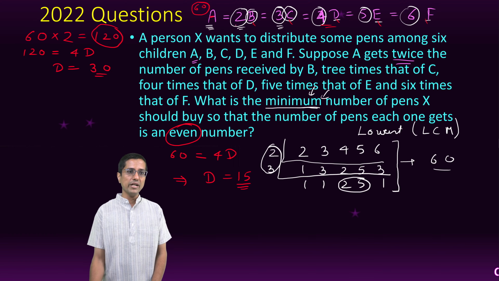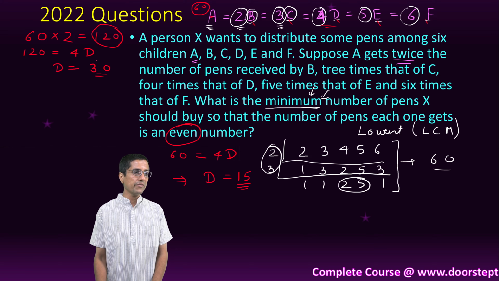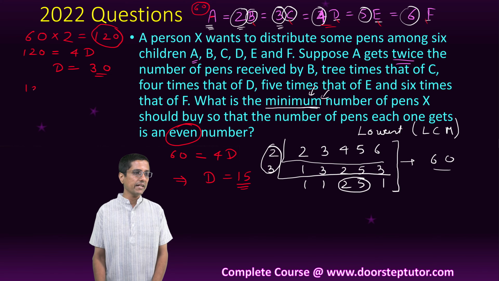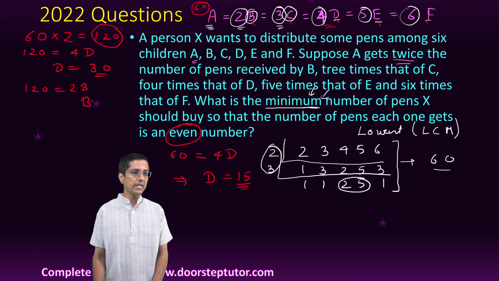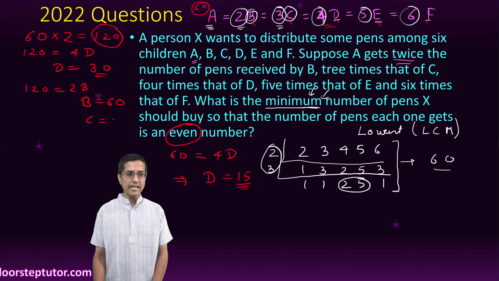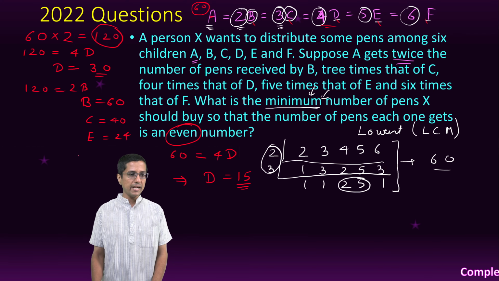Similarly, I can calculate other things also by assigning 120 to A. I can say that 120 is equal to 2B, therefore B is equal to 60. Similarly, I can compute C as 40, D I have already computed, E becomes 24 and F becomes 20.